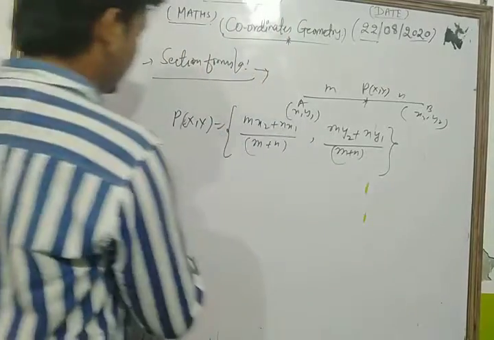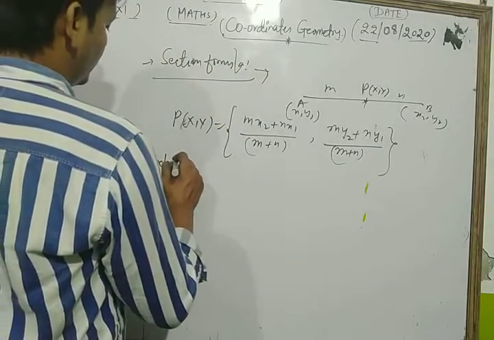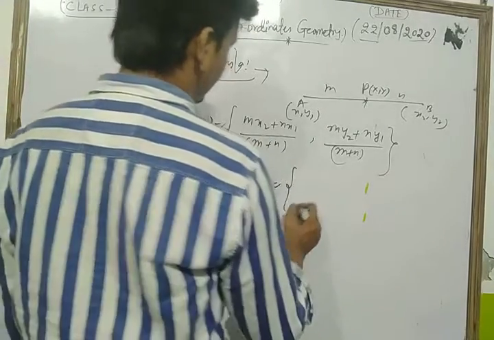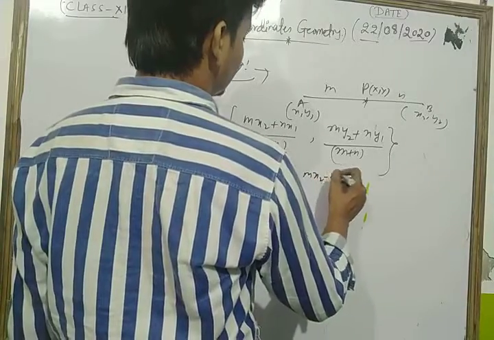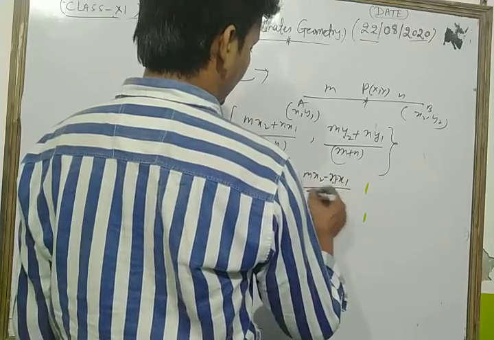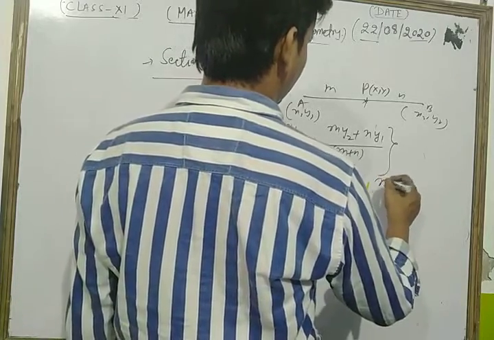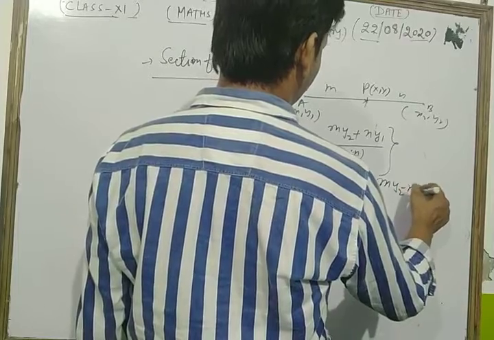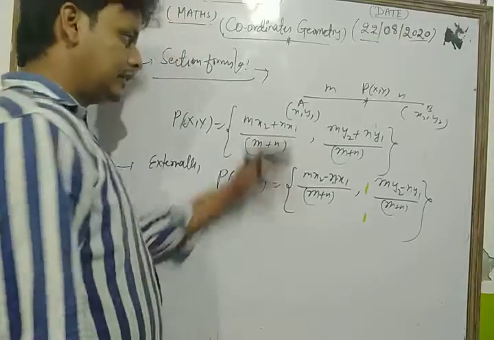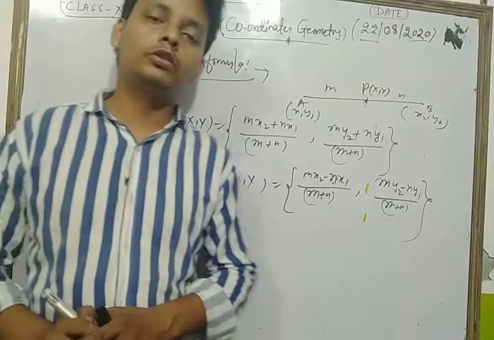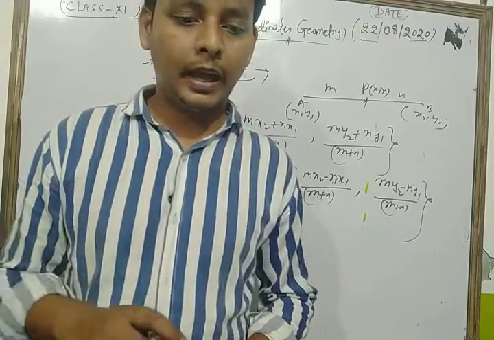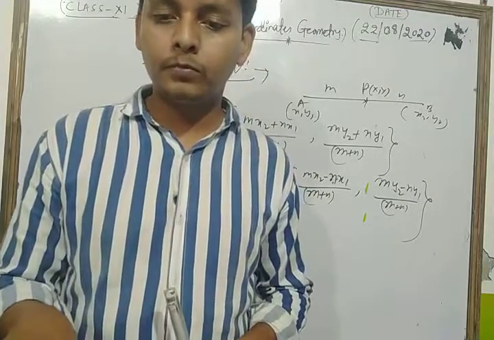In the case of external division, the coordinate by the section formula will be mx2 minus nx1 upon m minus n, as well as my2 minus ny1 upon m minus n. So these are also very important formulas for your chapter on straight line, coordinate geometry.